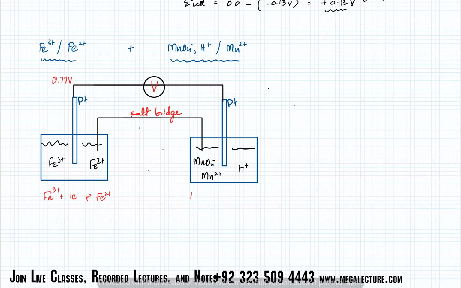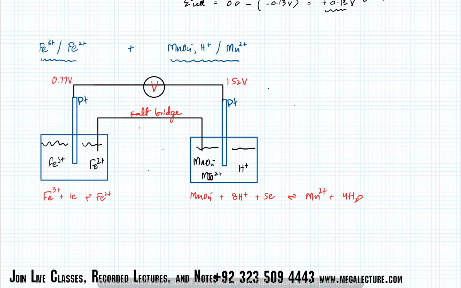So what was it? MnO4- and this one is 1.52 volts. Okay, is everything clear up to here? Is the drawing clear? Yes, sir.